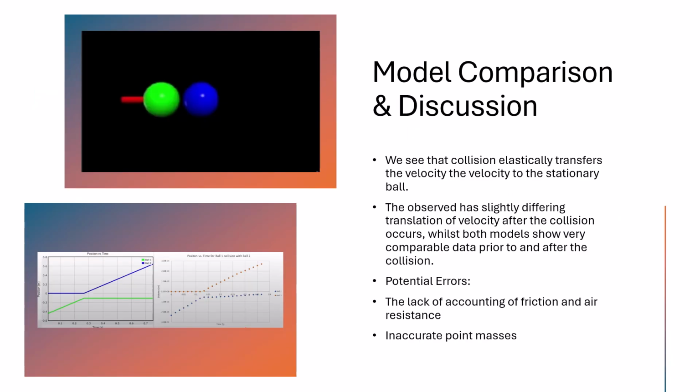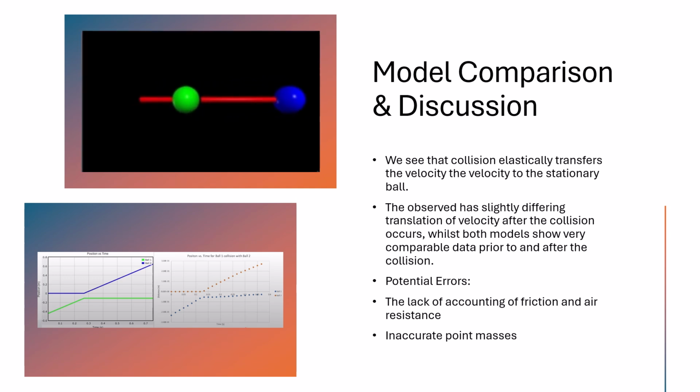On this slide, we have a comparison between the computer model and the real life model. We have the computer generated model of the ball hitting. You can see it just hits and then goes essentially the same speed. Below that we have two graphs. The solid line is the Tracker data, and it's very clean, cut and go, a perfectly linear line.